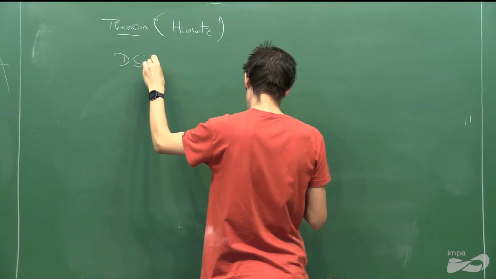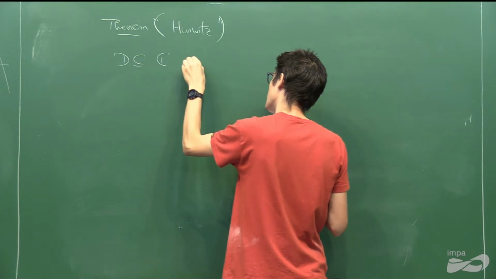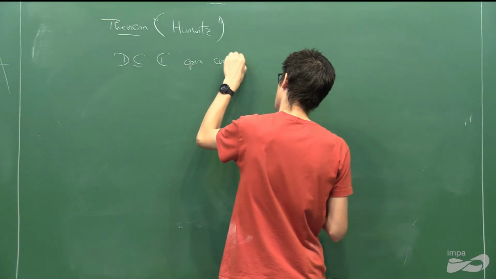you take a domain D which is connected. Here you don't need simple connectedness, I think.